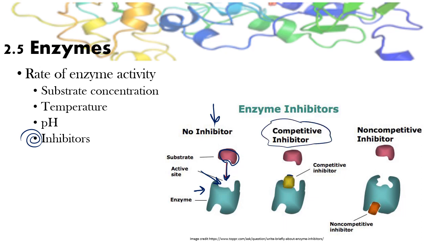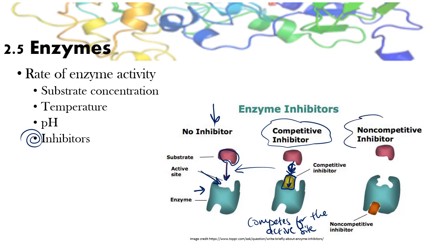The competitive inhibitor's shape is going to be similar to that of the substrate, which means that it's going to fit quite nicely into the active site of the enzyme. It literally competes for the active site. And if that inhibitor is bound to the active site, the substrate cannot bind to the active site, and so things don't happen as quickly as they did when we didn't have that inhibitor.